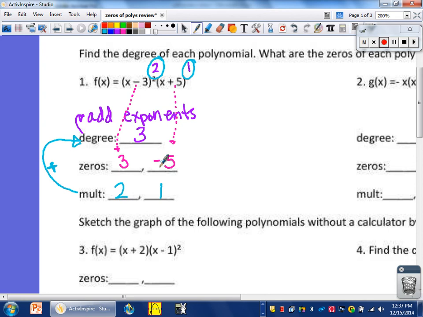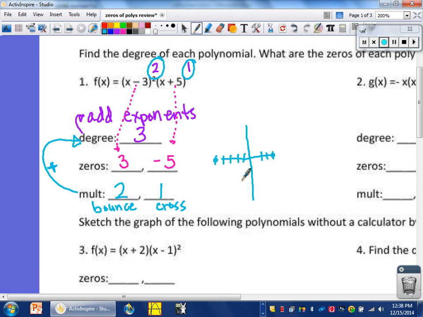Okay? So the multiplicities also tell you what the graph does at the zero. If you have an even multiplicity, the graph will bounce at that point. If you have an odd multiplicity, the graph will cross at that point. So if we were going to sketch this, and we're going to do that down on number 3, it crosses at negative 5 and it crosses at positive 3.